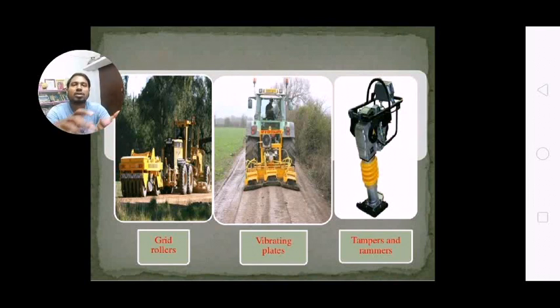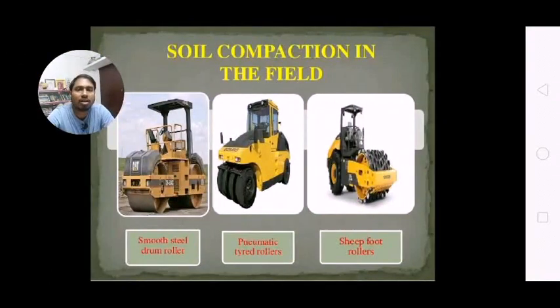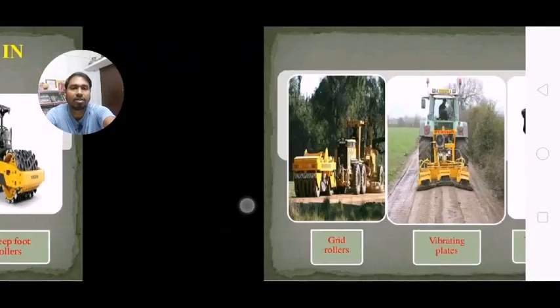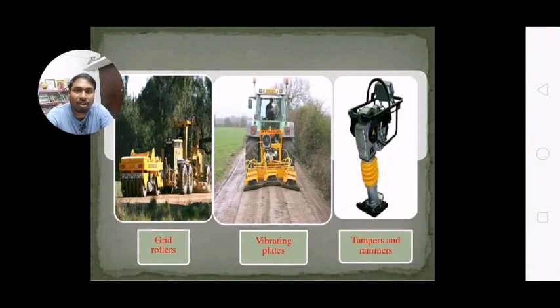Now we can use different types of rollers. Here we can see in this figure we have smooth steel drum rollers, pneumatic tired rollers, sheep foot rollers, and grid rollers.